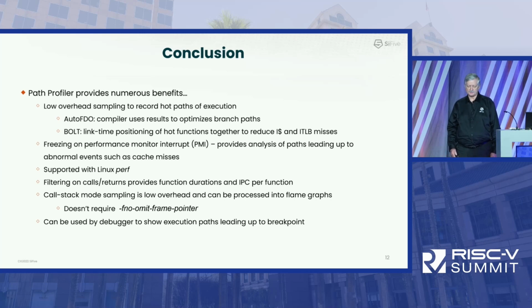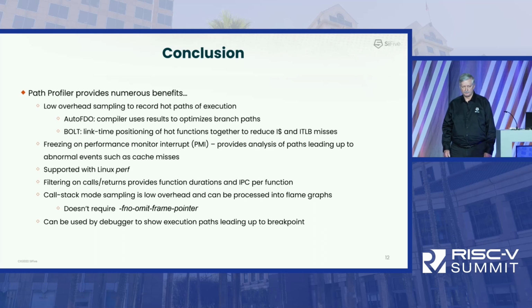There's also a mode called call stack, where instead of a circular buffer, it records the call sequences, and when there's a return, it pops that off the stack, so it's just maintaining a call set, and those can be sampled to provide flame graphs, for example. That works because it's hardware-based and doesn't require a frame pointer for software to walk the stack to determine the calls. And it can be used by debuggers, since it's a 32-deep trace of branches.